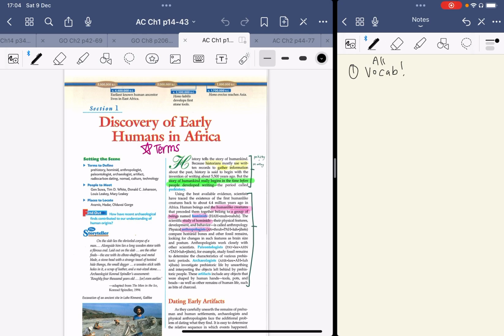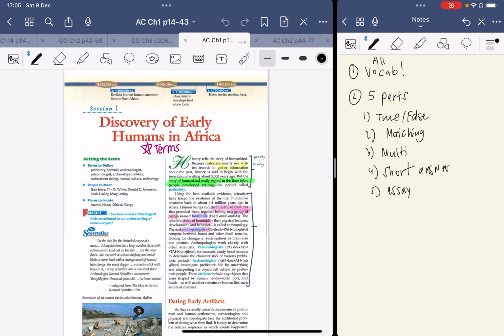All right. Number 2, there are 5 parts in my exam. So the first part will be true or false, and then the second part will be the matching. Third will be the multiple choices. Fourth will be the short answer. And then last but not least, we have the essay. Okay.